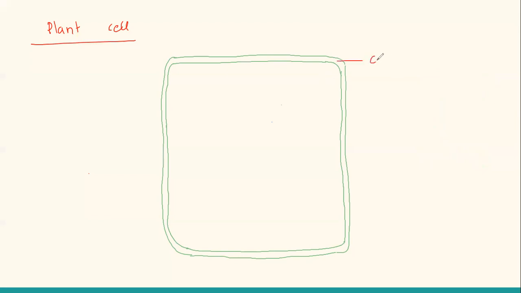It's easier for you. This is the cell wall, correct? Now inside we have to make one more, which will be our cell membrane. You can leave some space and make a membrane like this.